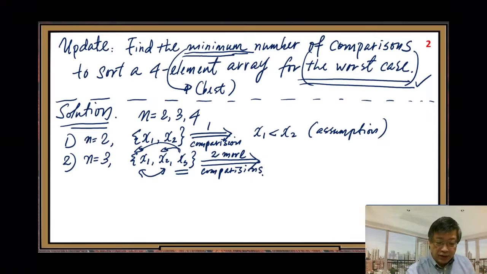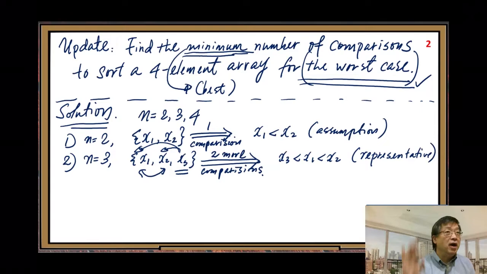So here, let us assume x3 less than x1 less than x2. This is just a representative. Although there are many other possibilities, we just select one as the representative.